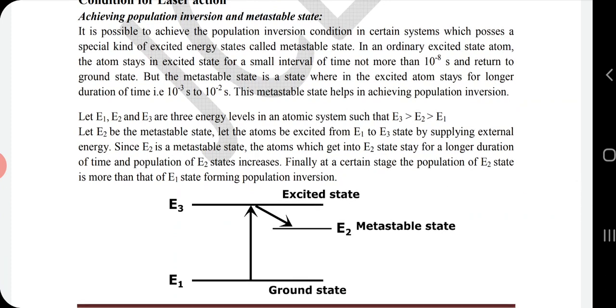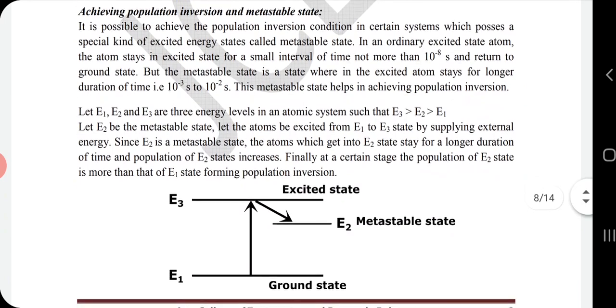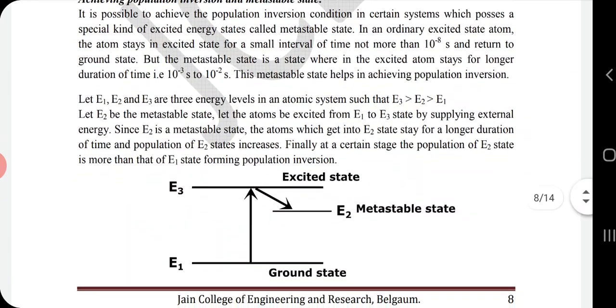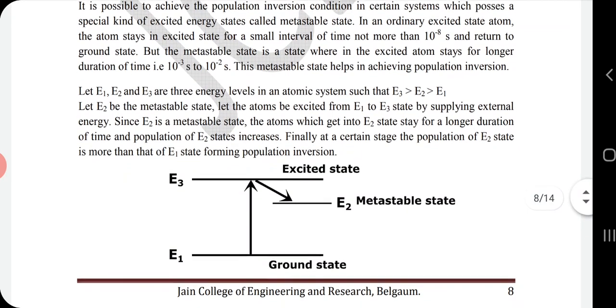In the beginning all the atoms go to the excited state, that means the E3 state, and then they transition to the E2 state and collect over here, so that population inversion is achieved between the E1 state and the E2 state.